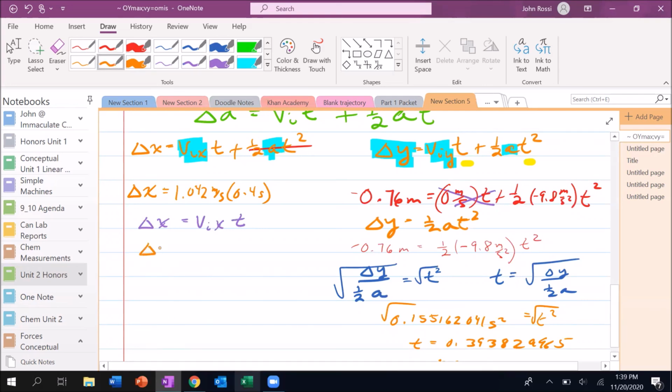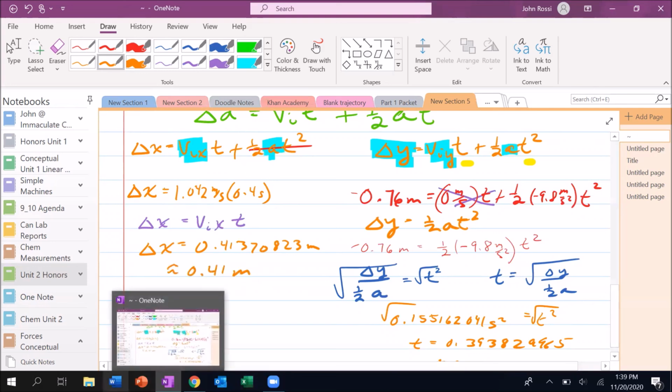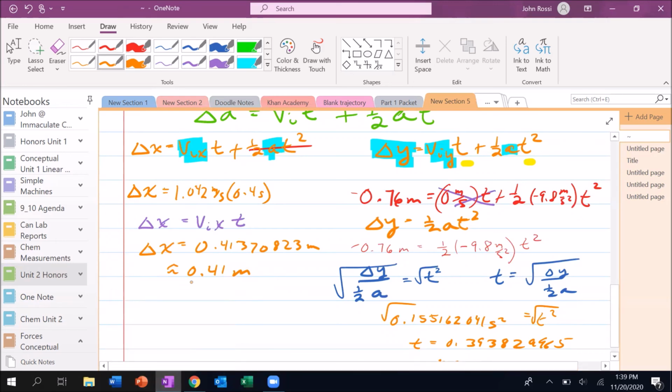So plugging that into your calculator, you get a displacement of 0.41370823 meters. Let's simplify that. Let's say it's about 0.41 meters. And that is where I want to put my cup.